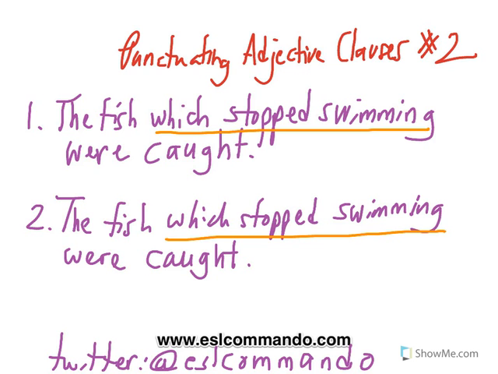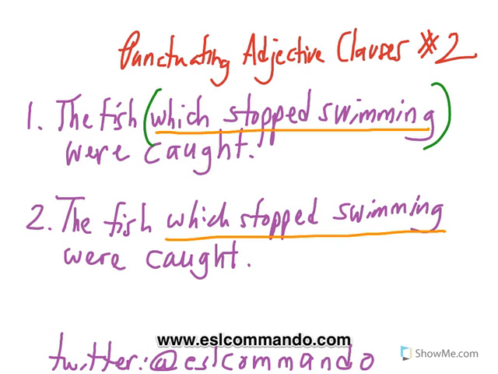So let's look at number 1, the fish which stopped swimming were caught. Ask yourself, how many fish were caught? Well, only the fish which stopped swimming were caught. Okay?